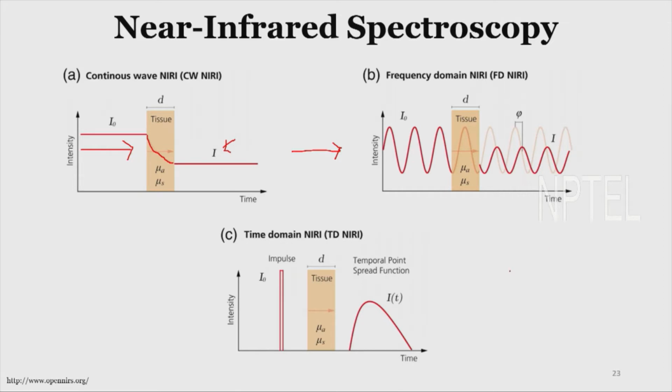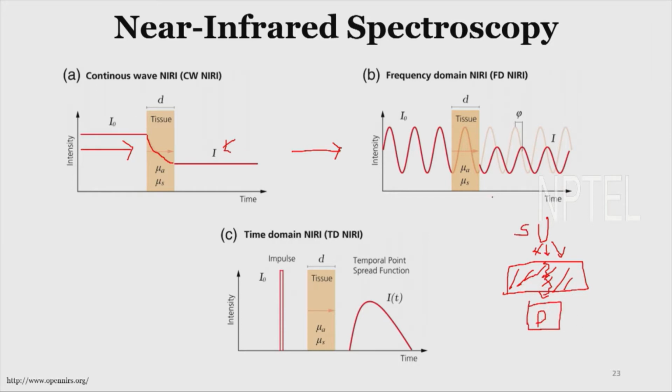If this is the tissue, we have the LED placed on top of it, it could be an LED or laser, which shines light on the tissue, and after it propagates through the tissue we detect it using a photodetector. So this is the source and this is the detector.